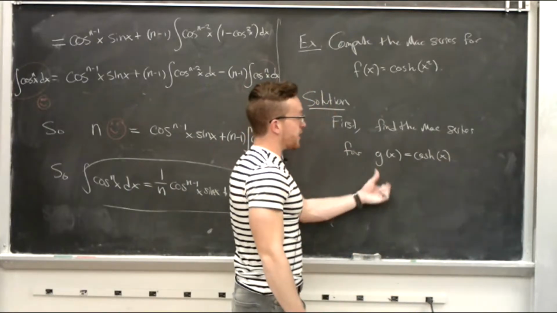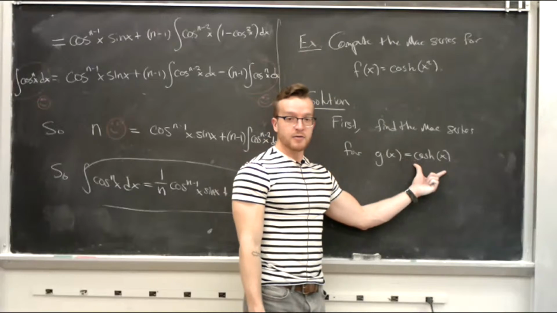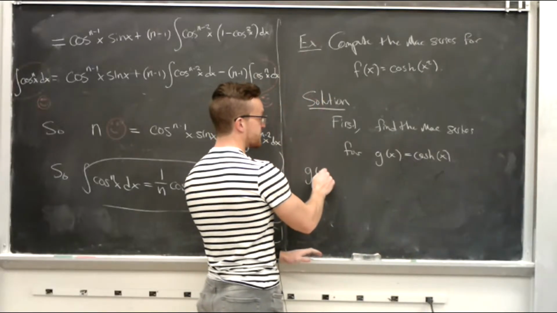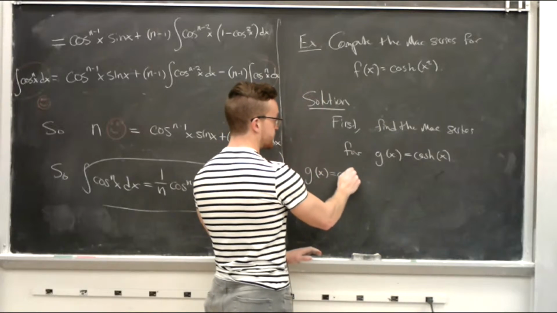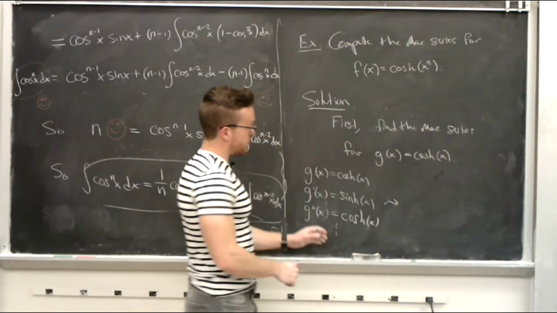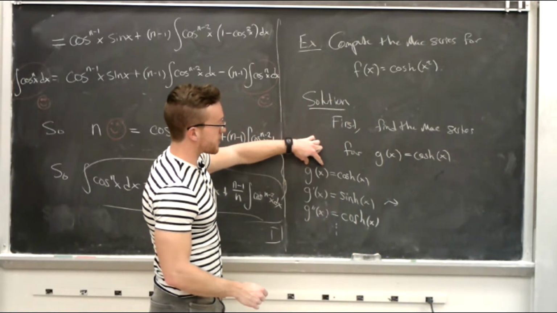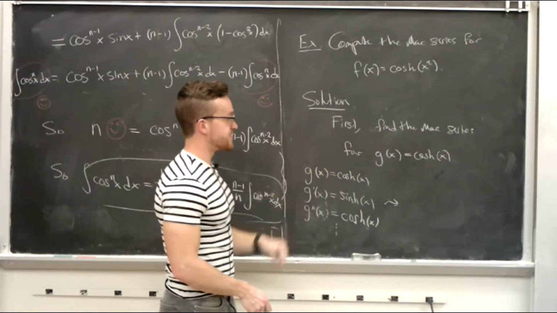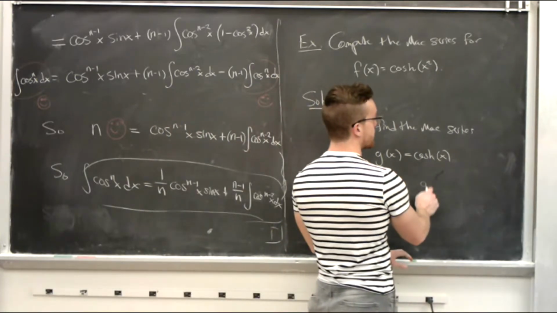Okay, so how do we find a Maclaurin series by hand? We just start computing derivatives. G of x is cosh. When we compute a Maclaurin series, we care about these coefficients at 0. So plug in 0 here. Cosh of 0 is 1.